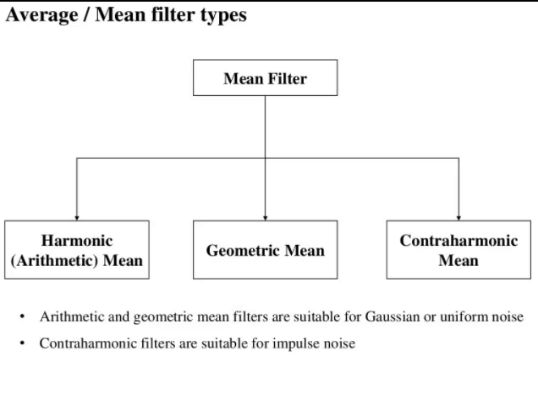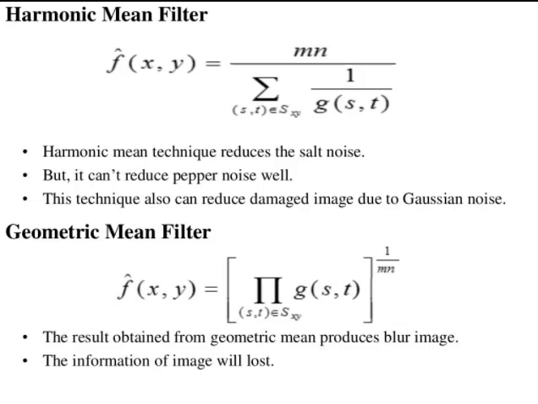Now let's see the different types of this mean filter, the average filter or mean filter. First are the harmonic mean, geometric mean, and contra harmonic mean. We use the appropriate filter according to the noise. If we have uniform or Gaussian noise, then we use the arithmetic or geometric filter. If we have impulse noise, then we use contra harmonic filters.